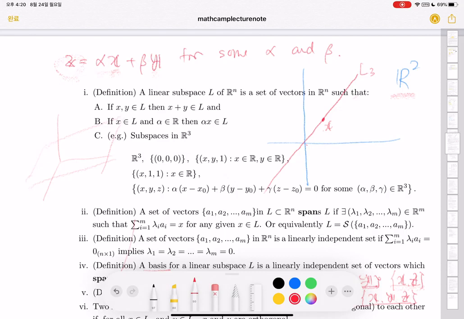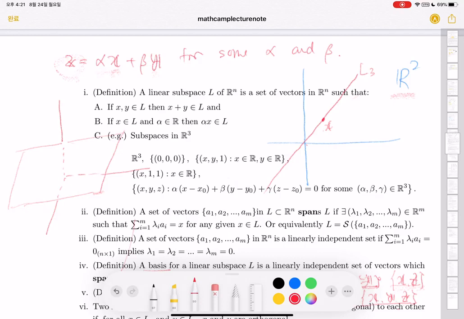Let's draw a graph a little bit clearer. Here's the Euclidean space, and the plane is not restricted, so it cuts through this space in this way.